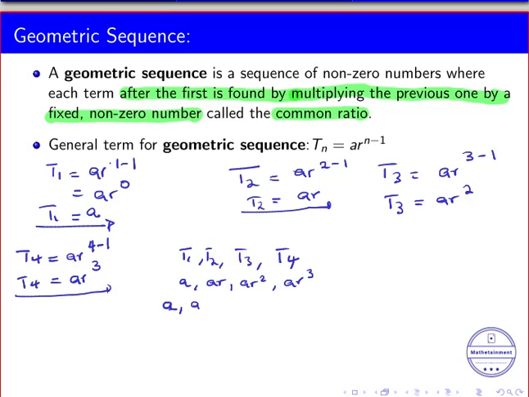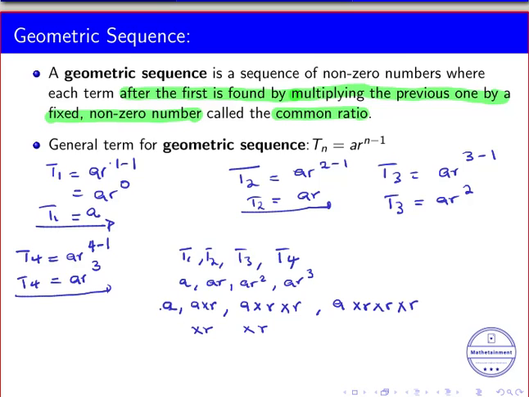And then I have my first term multiplied by R. Moving to my third term, I have my first term multiplied by R multiplied by R. My fourth term is A multiplied by R multiplied by R multiplied by R. So if you follow this path, from my first term to my second term, I multiplied by R. From my second term to my third term, I multiplied by R. But when I relate my third term and my first term, that means I multiplied by 2 R's.